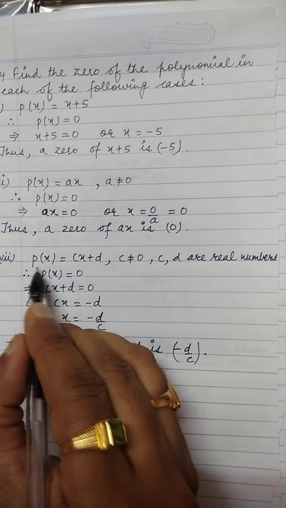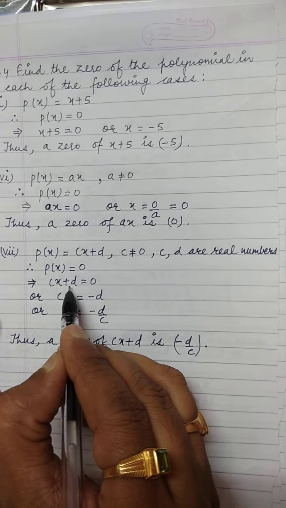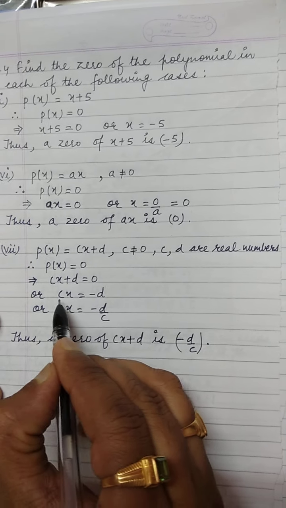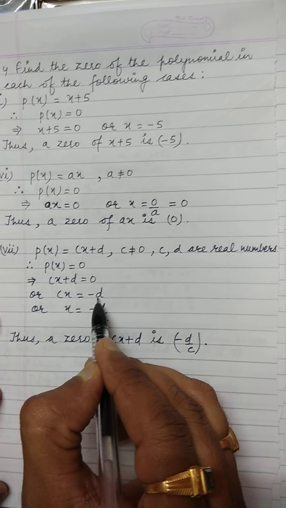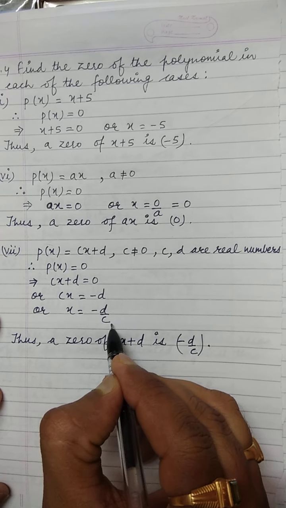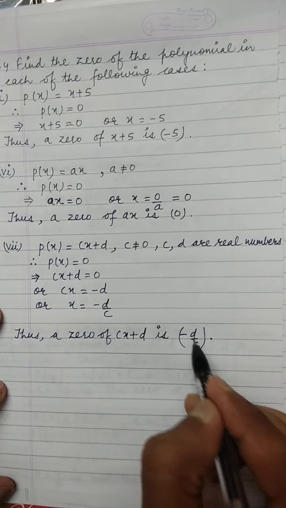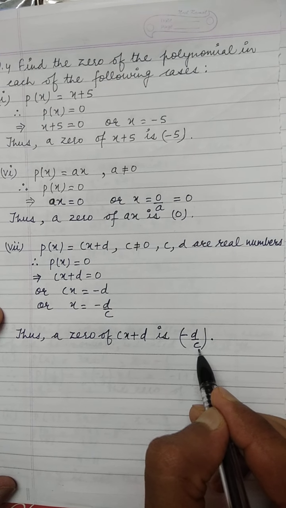So put p(x) equal to 0, which implies that cx plus d is equal to 0, or you can say cx equal to minus of d on transposing, or x equal to minus d upon c. Thus a zero of cx plus d is minus d upon c.